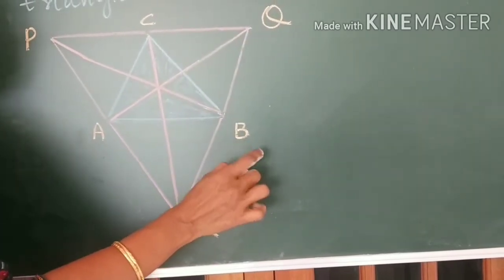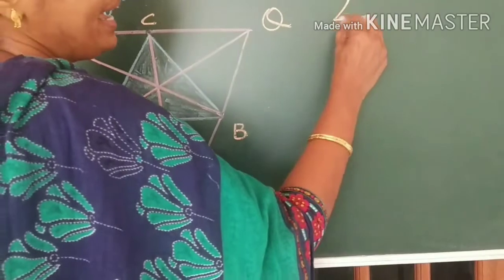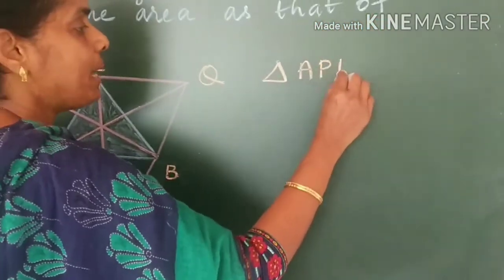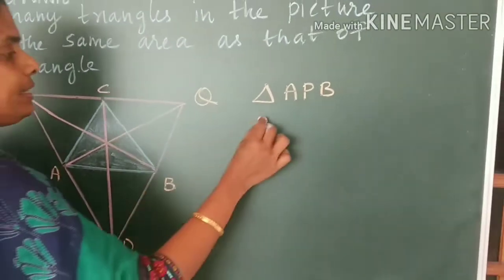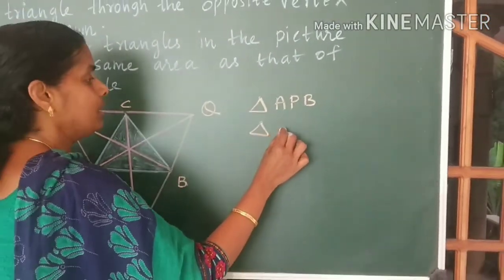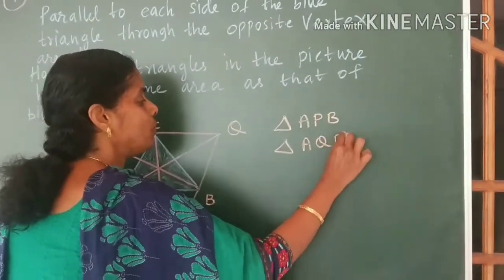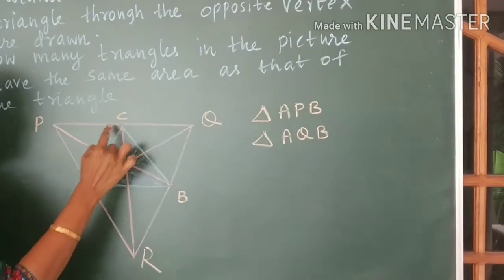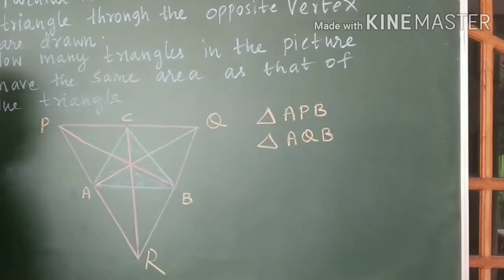So triangle AQD have same area as that of the shaded triangle.